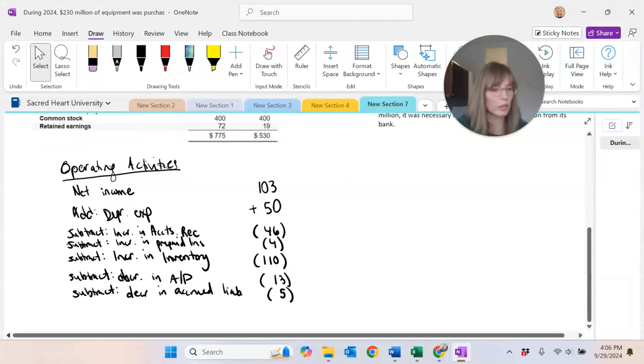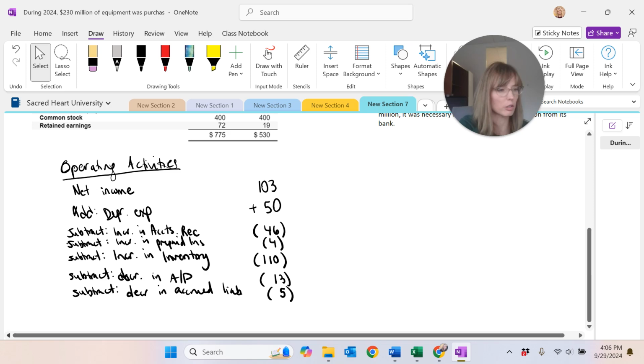And that's it for our current assets and our current liabilities, or in other words, our operating assets.